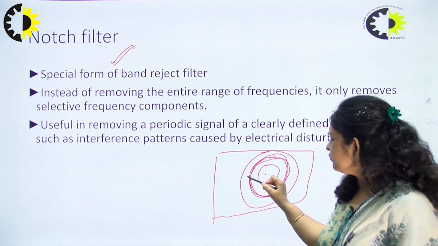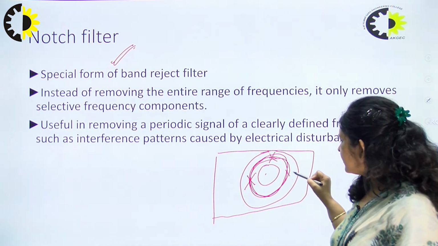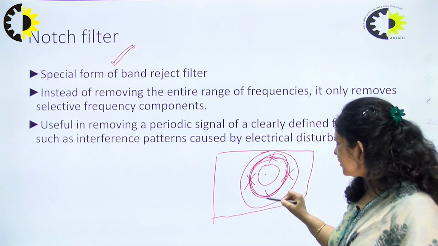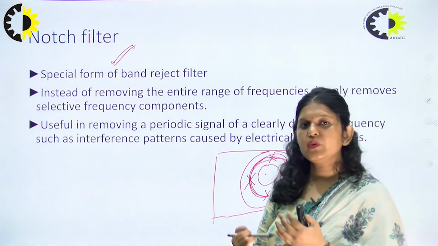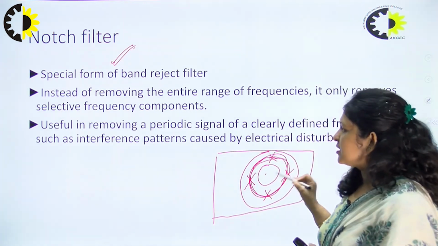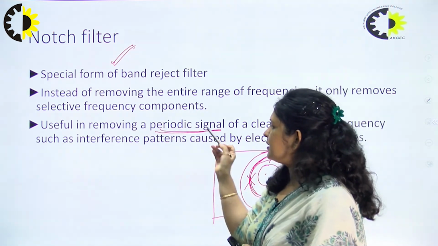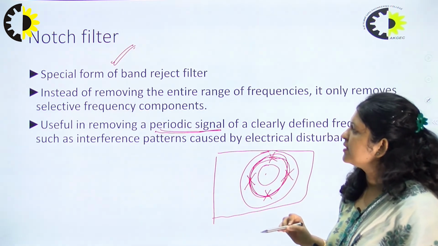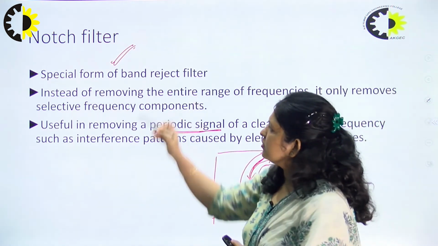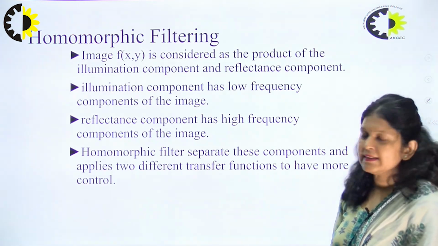I just want to remove this particular frequency component, this component, and these symmetrically opposite to each other. Periodic noise represents symmetrically opposite components, and that can be removed using notch filters.